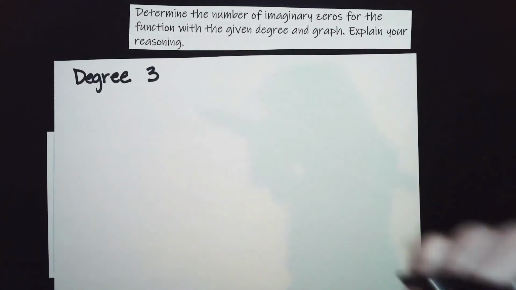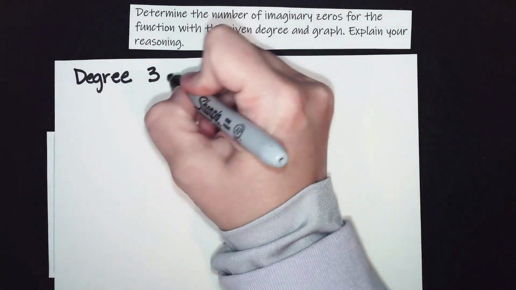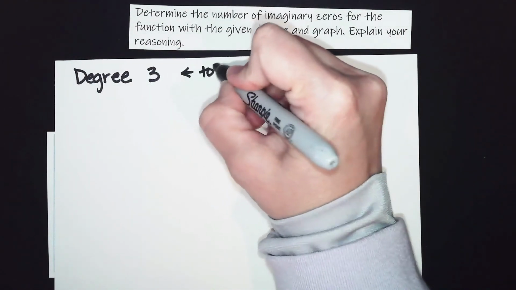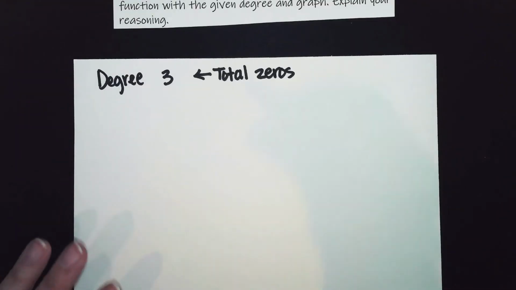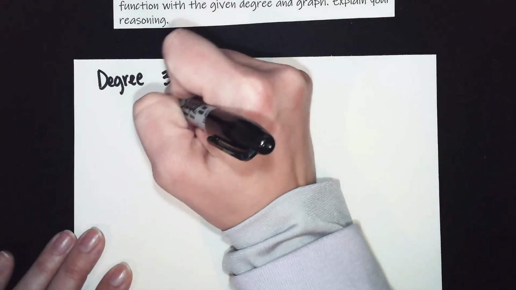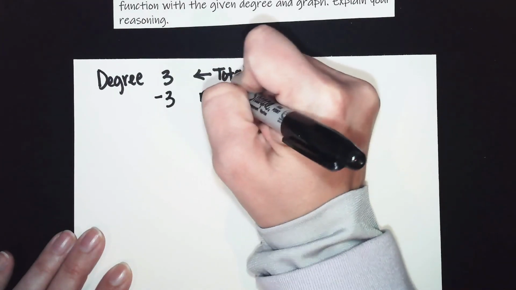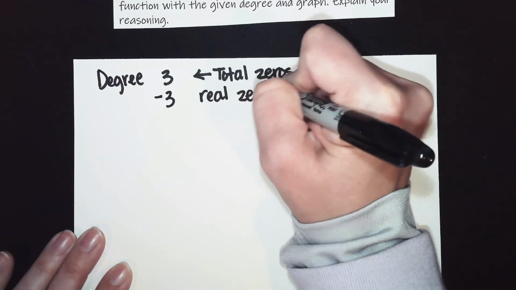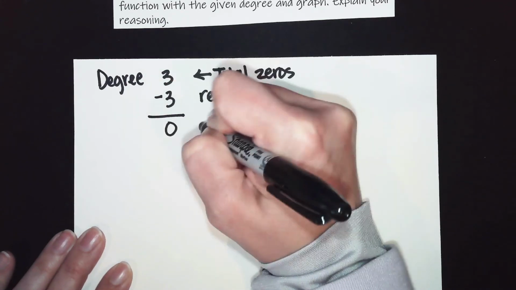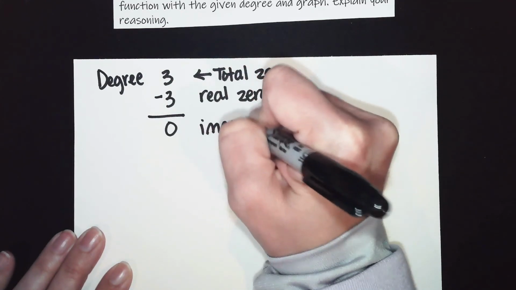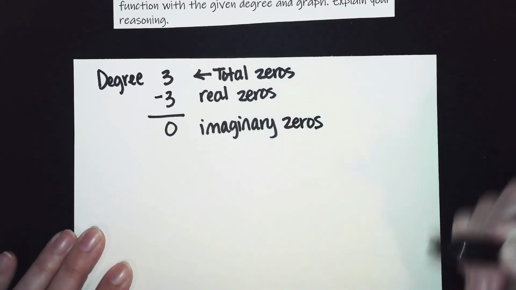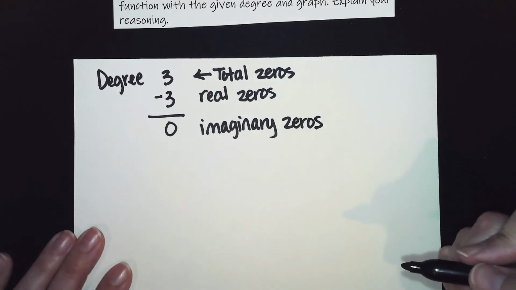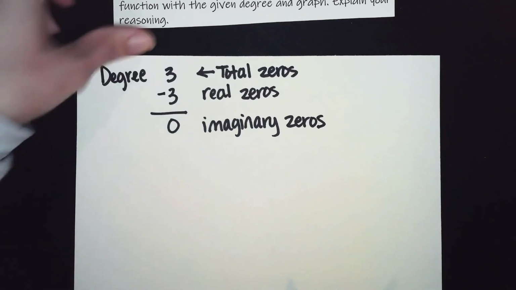If I take the degree, that's the total number of zeros, and I'm going to subtract the real zeros, and that gives me the number of imaginary zeros. So for number 6, I have 0 imaginary zeros.